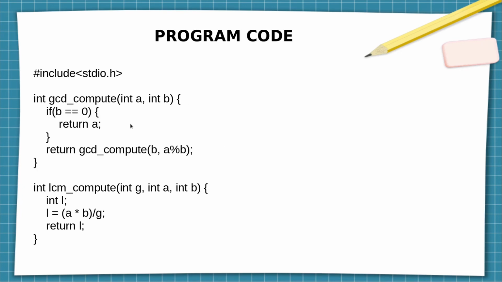Now let's look at the program code. So this is the same function I've just explained in the previous slide, and this is the LCM function. So LCM is equal to first number times second number divided by their GCD.